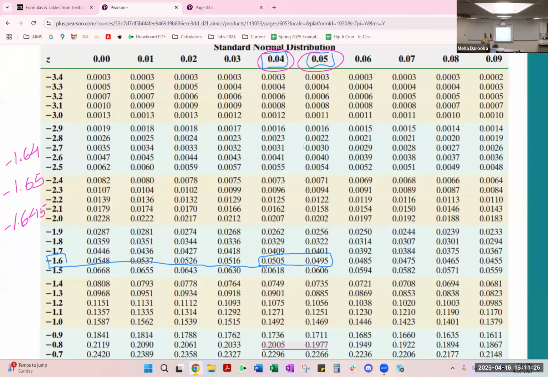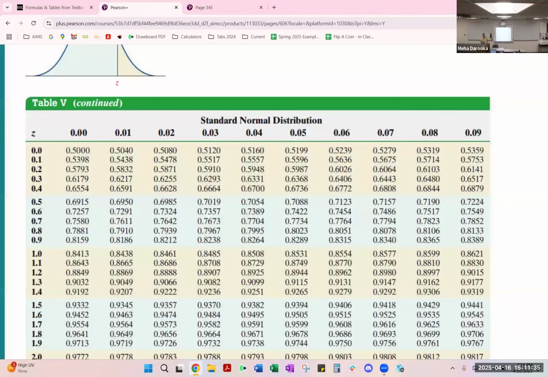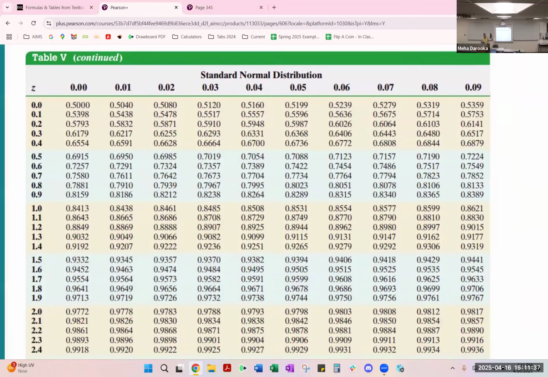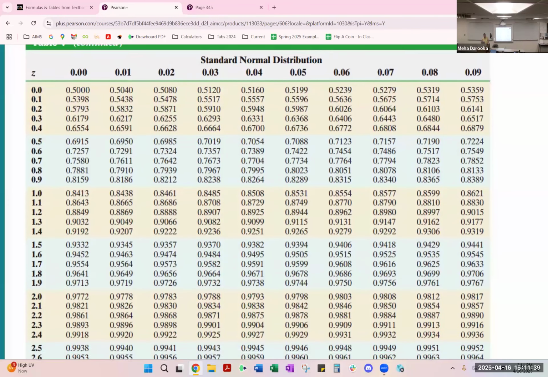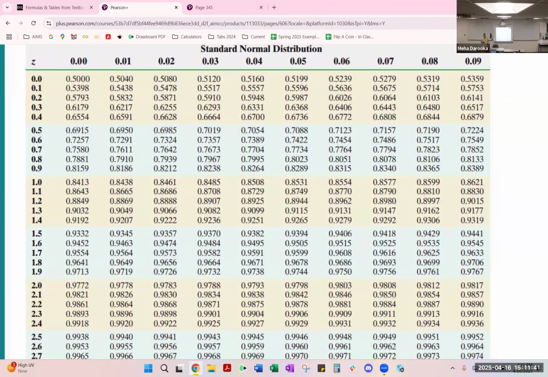Now, for the 95% calculation that we have to do, we will need to go to the positive side of the table now. So for 95%, looks like it's gonna be this guy.